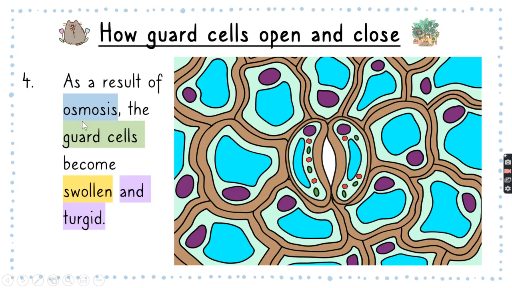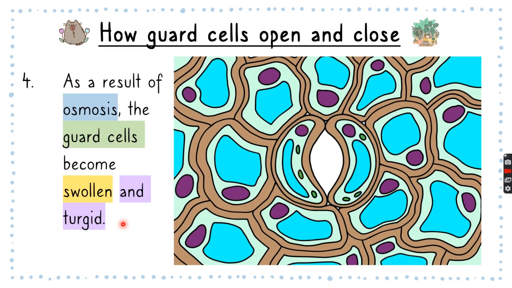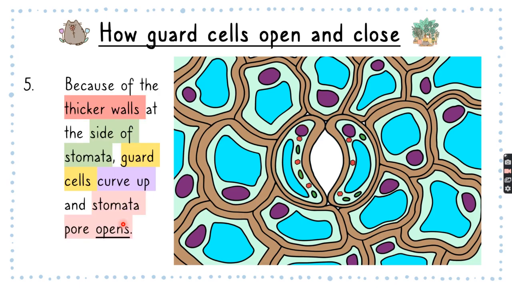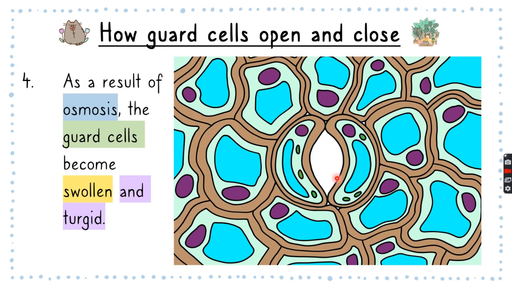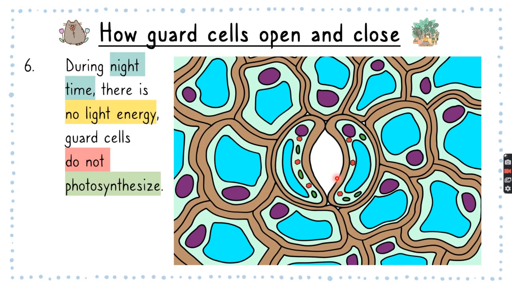As a result of osmosis, the guard cells become swollen and turgid because water enters from the surrounding cells into the guard cells. Because of the thicker walls at the side of the stomata, guard cells curve up and the stomata pore will open.